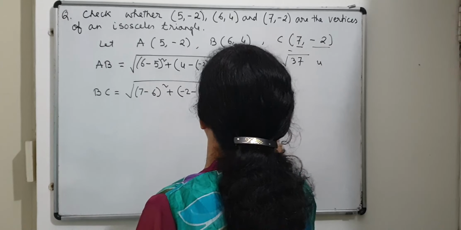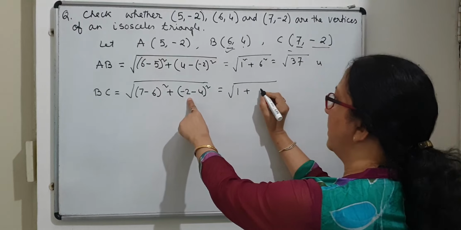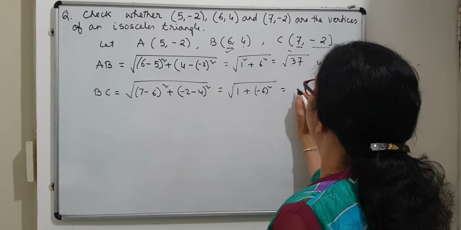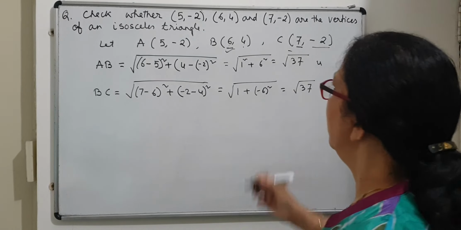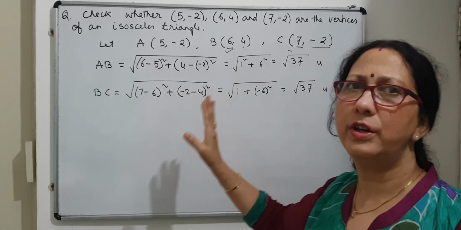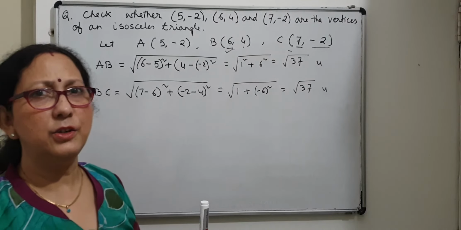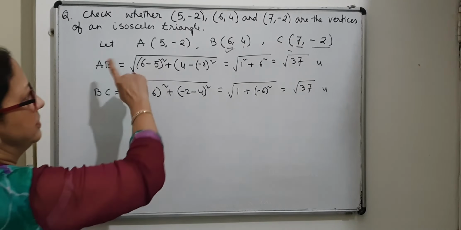So 1 plus minus 6 whole square, that is again root 37 unit. So now I have seen that AB is equal to BC, so there is no need of finding AC, because I have to check whether any 2 segments are equal or not. So no need of finding AC, remember.